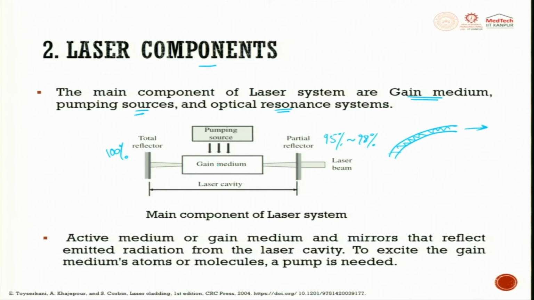Here you will have a medium, and in this medium you will have all the atoms at the ground level. When the pumping source hits it, the pumping source can be a laser itself, or you can use an IR or any other light source. When you use a laser, whatever comes out, you will have two wavelengths.